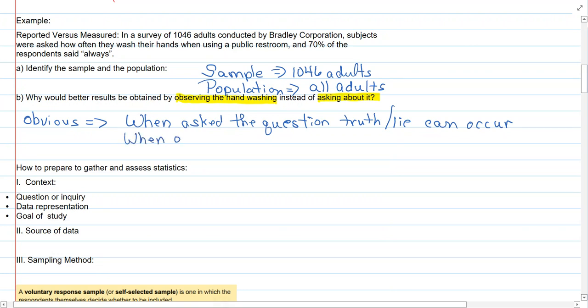When observing actions, sound data is collected. Okay, nothing hard, it makes common sense.